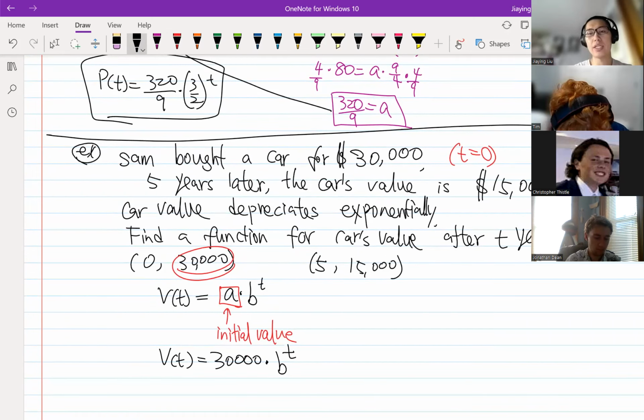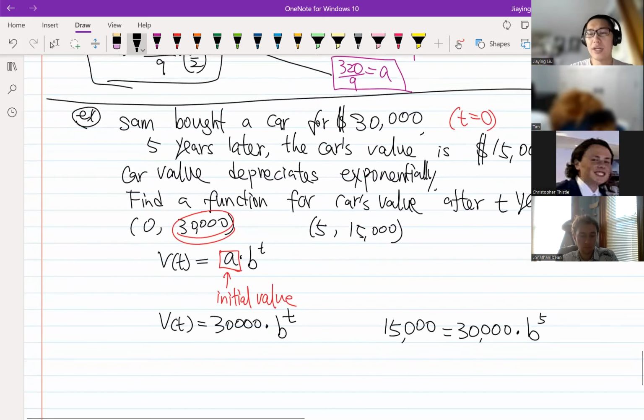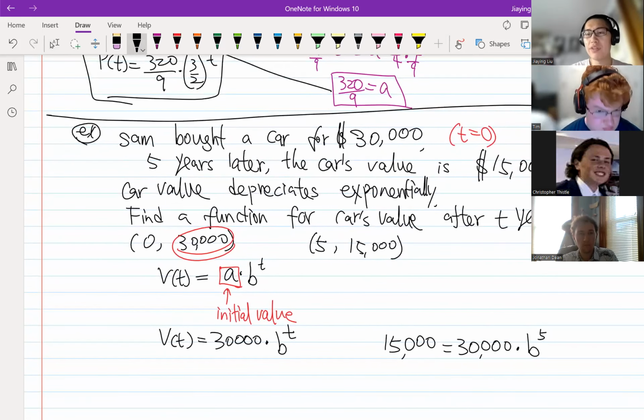Now we plug in the 5 and the 15,000. So we get 15,000 equals 30,000 times b to the 5th power. To solve for b, we divide by 30,000.